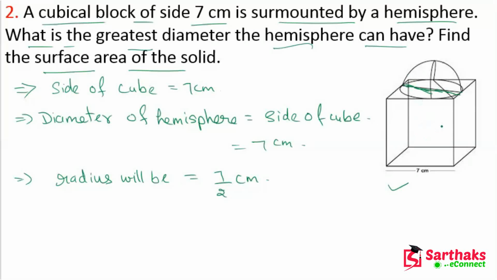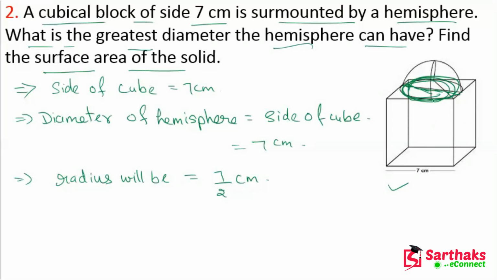For this we have to add the surface area of this cubical block and the curved surface area of this hemispherical ball, and we have to subtract this circular part from the cubical block, because when we write the formula of the cubical block, this part is included.